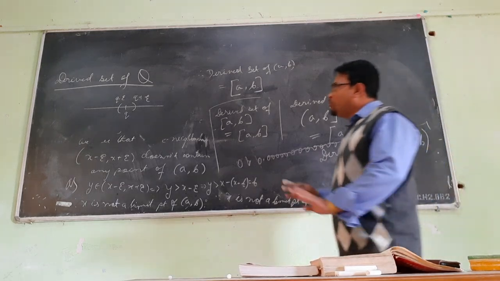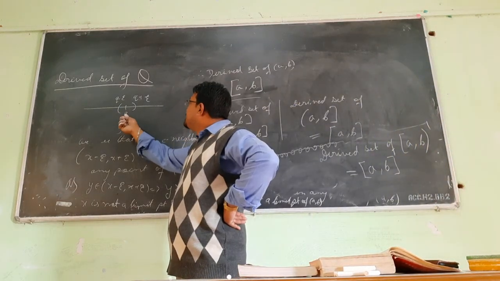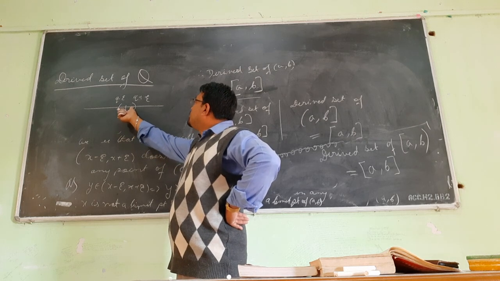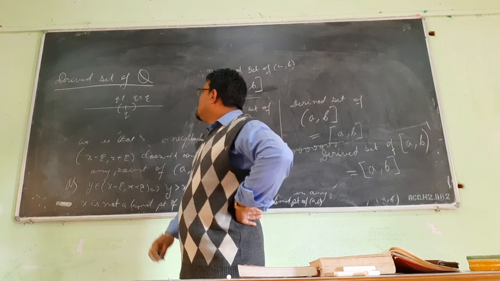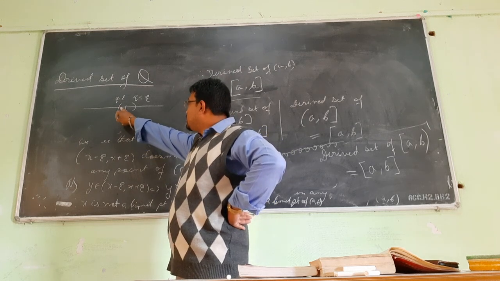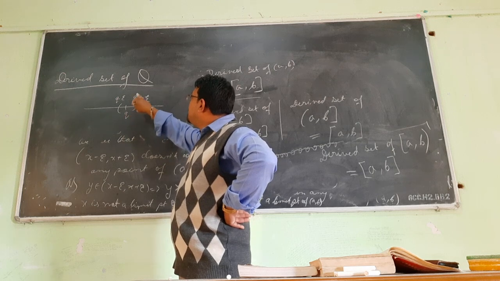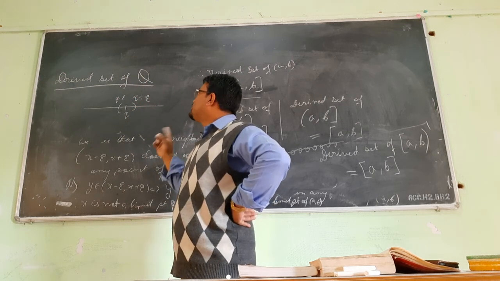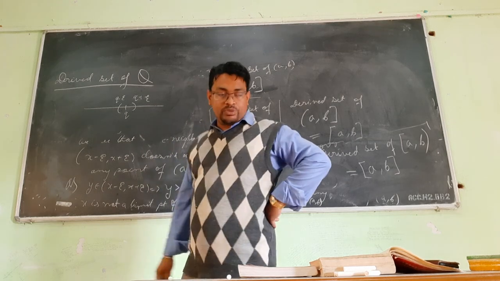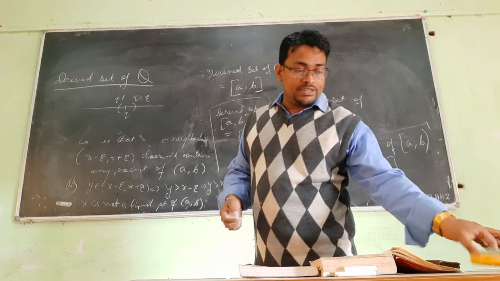So whatever open interval you take, or whatever epsilon neighborhood of Q you take, it will always contain points which are different from Q. It will always contain rational points which are different from Q. So every real number is a limit point of Q. So the derived set of Q is the set of real numbers. The derived set of Q is R itself.